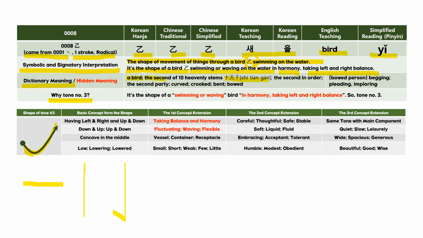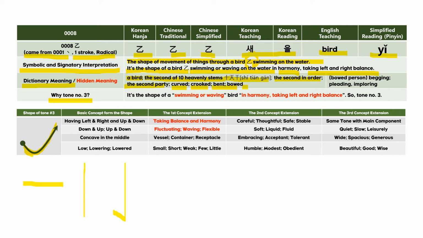So the second of 10 heavenly items, the second in order, and the second party, and curved, crooked, bent, bowed. Yeah, all of these dictionary meanings are left in Korean Hanja dictionary and the Chinese dictionaries.